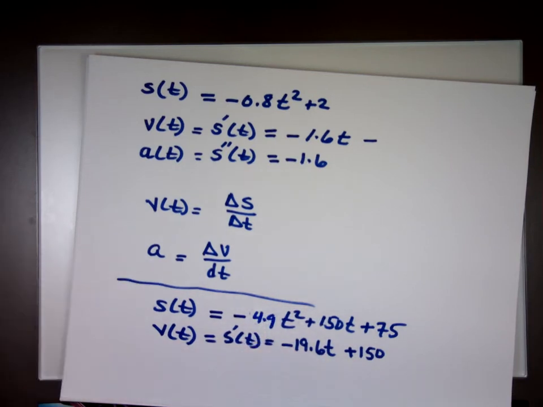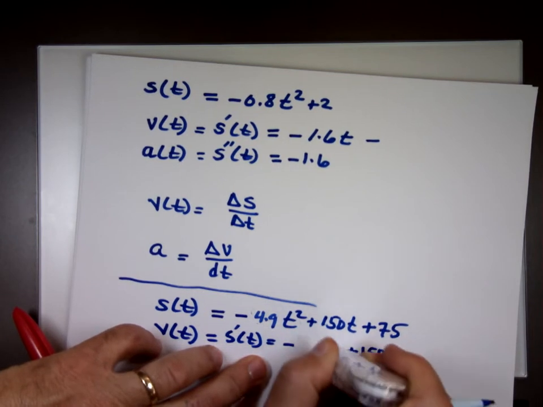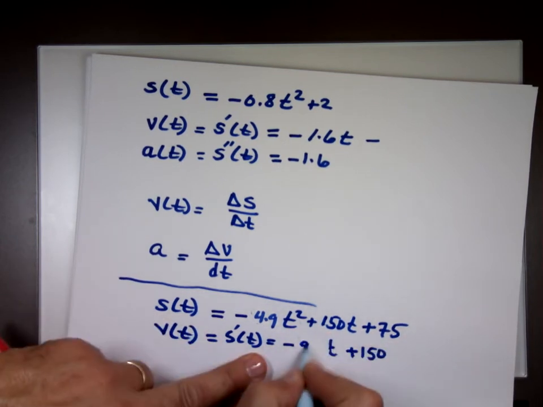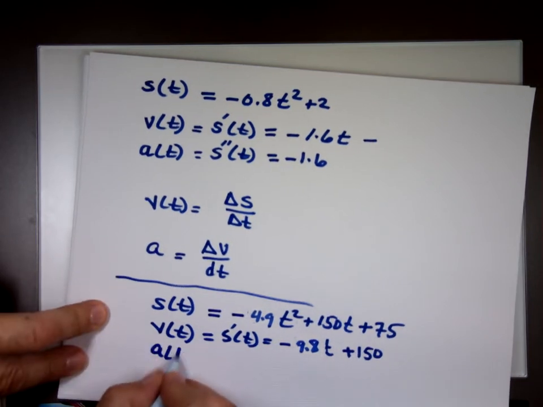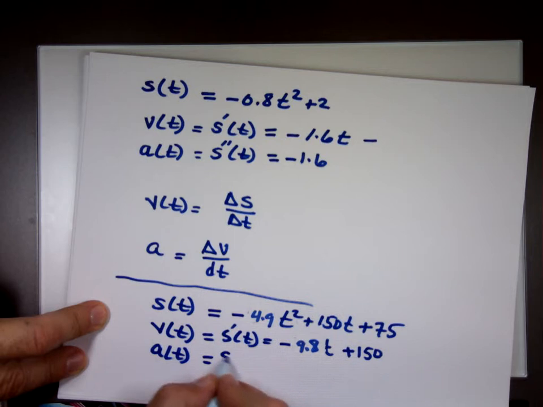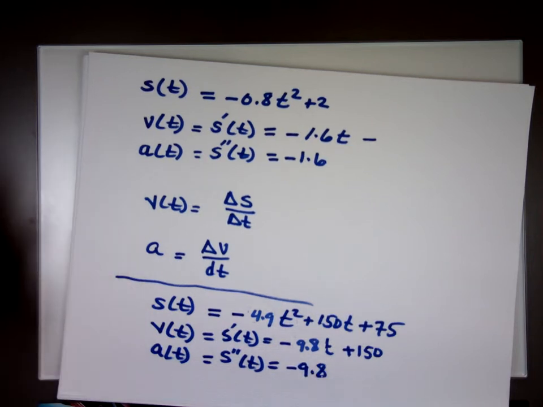So that'll be negative 9.8. And what is the acceleration? It's the second derivative, or the derivative of the velocity, which is what? Negative 9.8. What the negative tells me is what? The acceleration is pointing where? Down. Down is negative, up is positive.